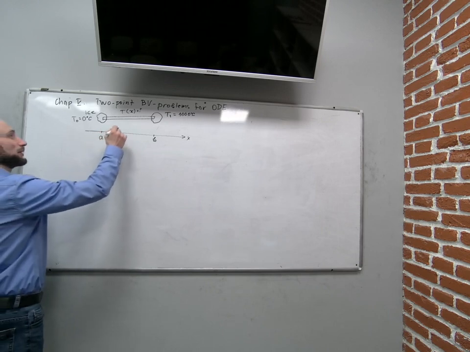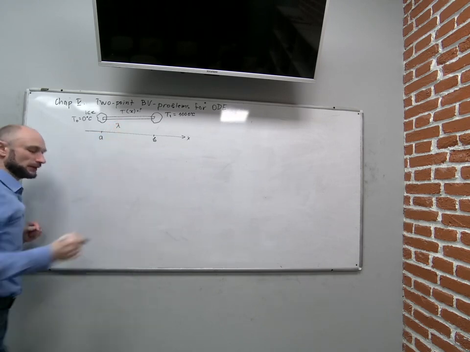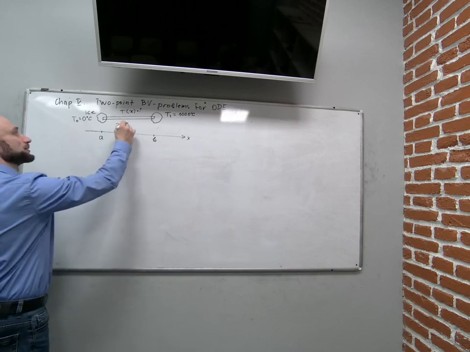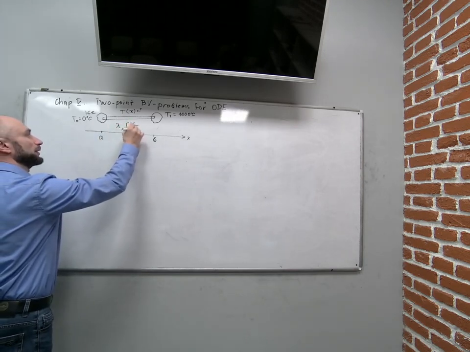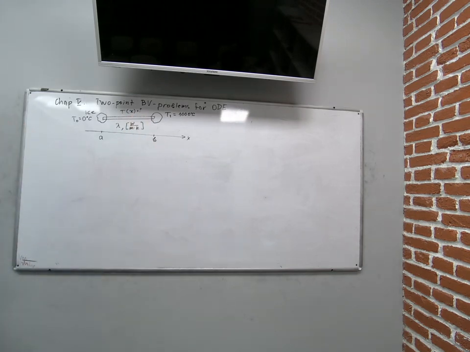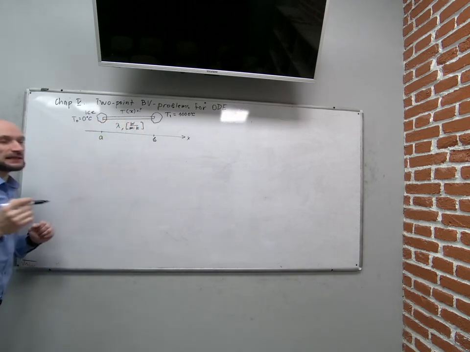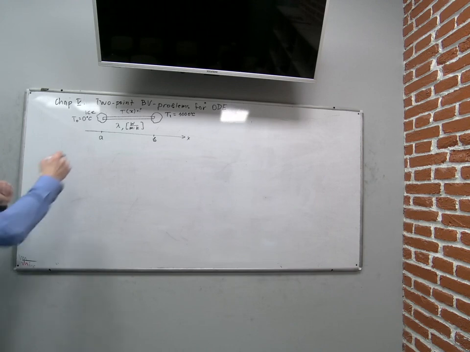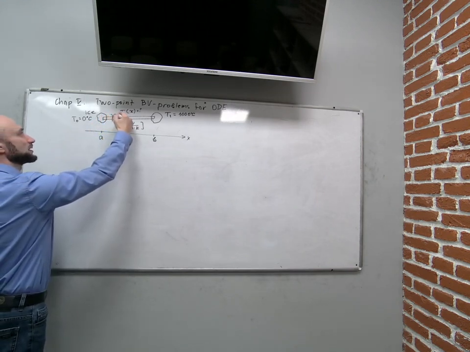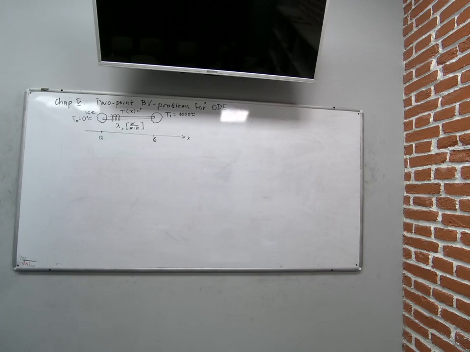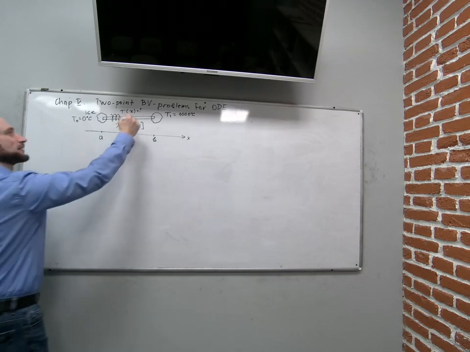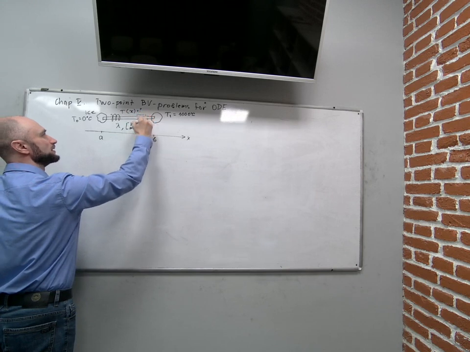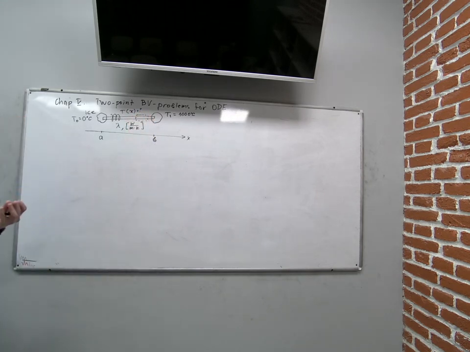So what we need to know about the rod, we need to know its conductivity coefficient, which is measured in watts per meter per Kelvin. What else do we need to know? It is possible that the rod is heated up or cooled down along its length. So we can imagine that there may be some heating coils around this object, or some cooling devices that may cool down some other parts of this object.